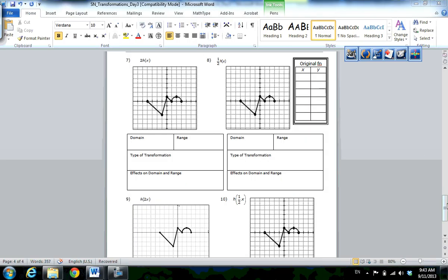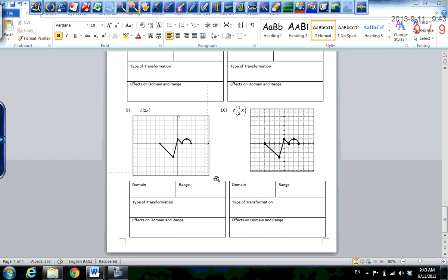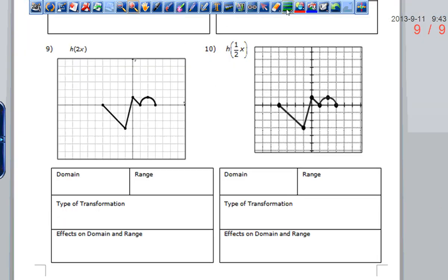All right, last two, final push. Here we go. What do the numbers on the inside tell us to do? If it's bigger than 1, that's the compression.